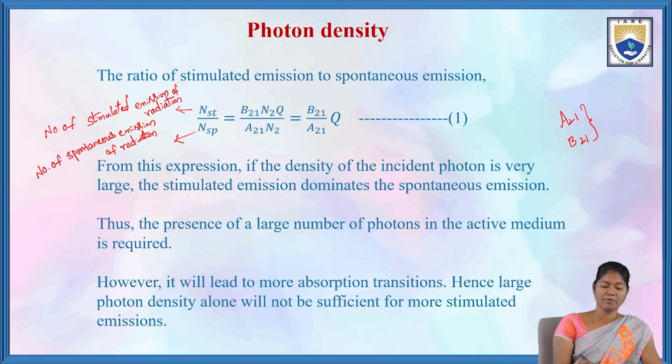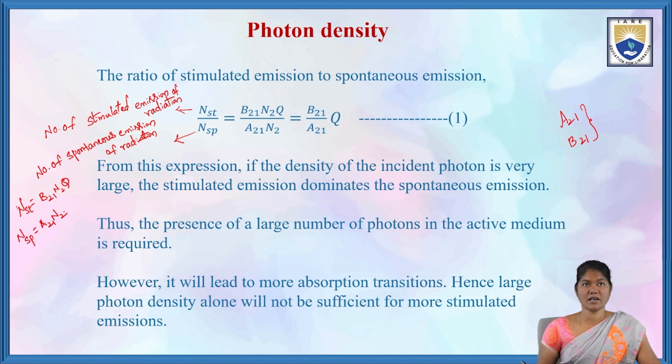Here the number of stimulated emission of radiation, NST, will be B21 into Q. NSP is equal to A21 into N2.